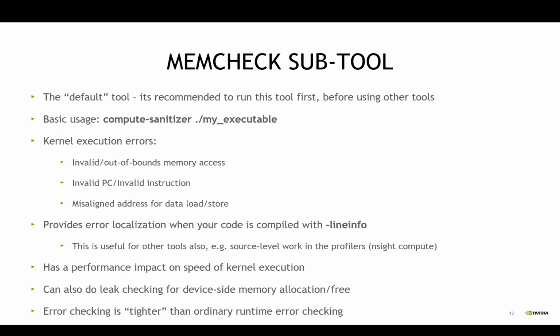This will, in addition to detecting API errors that we talked about, also detect things that might not be detectable ordinarily. For example, invalid or out of bounds memory access. Now, you might think that's obvious, but in fact, the runtime by itself, without additional help from a tool like Compute Sanitizer, will not always tell you that an out of bounds memory access has occurred.